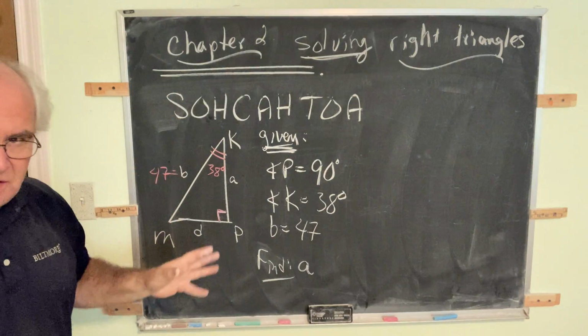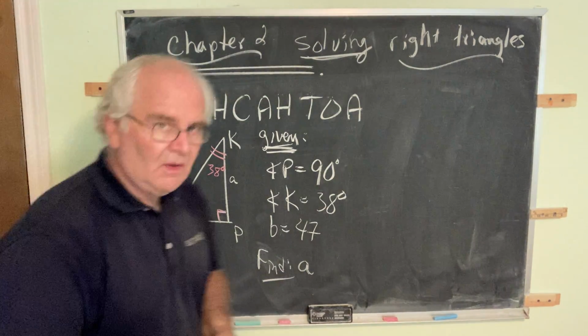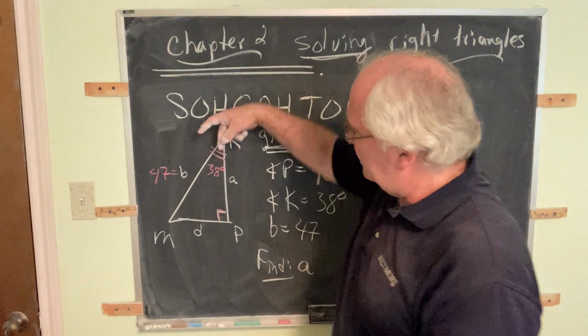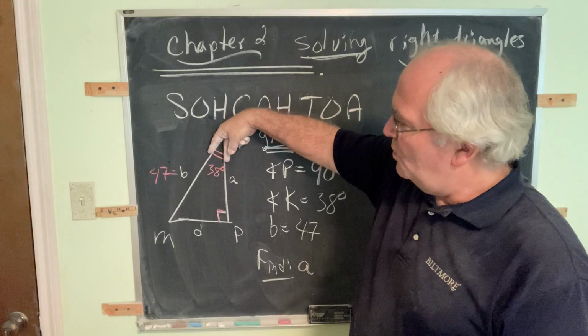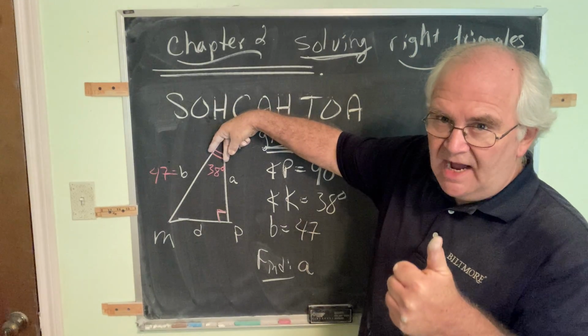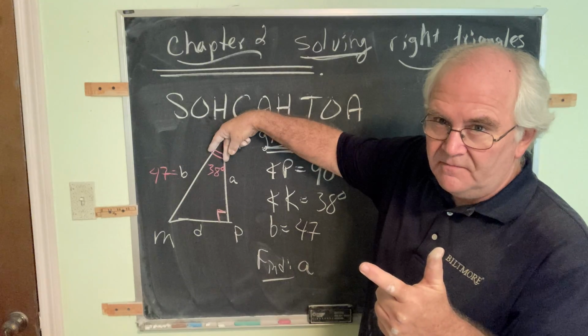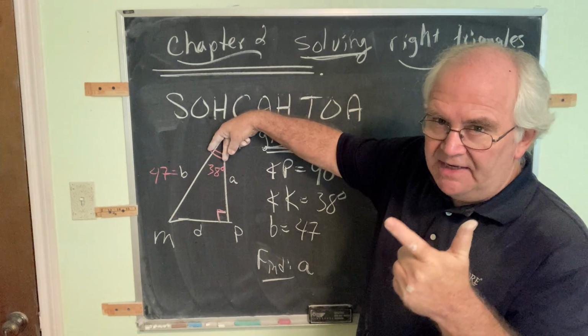Now, here's the procedure. From the perspective of the angle in question, one of the sides is given, one of the sides is desired.